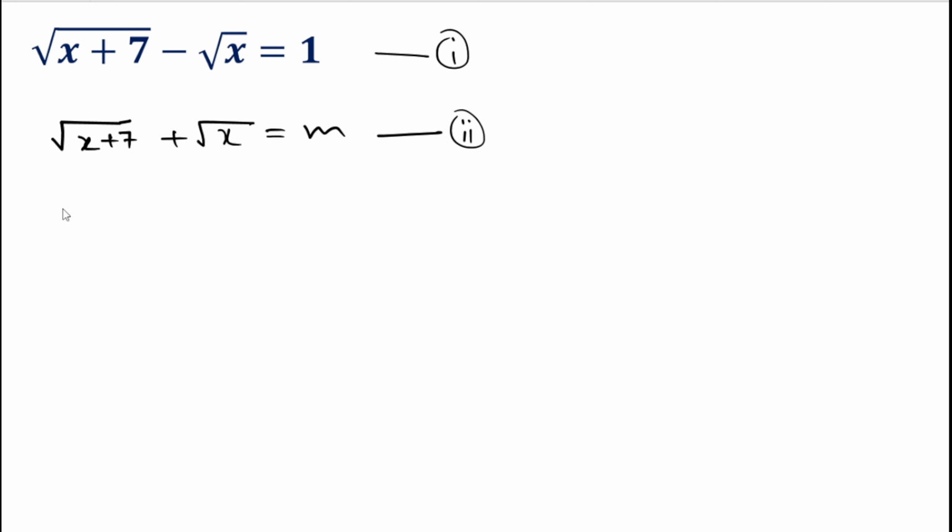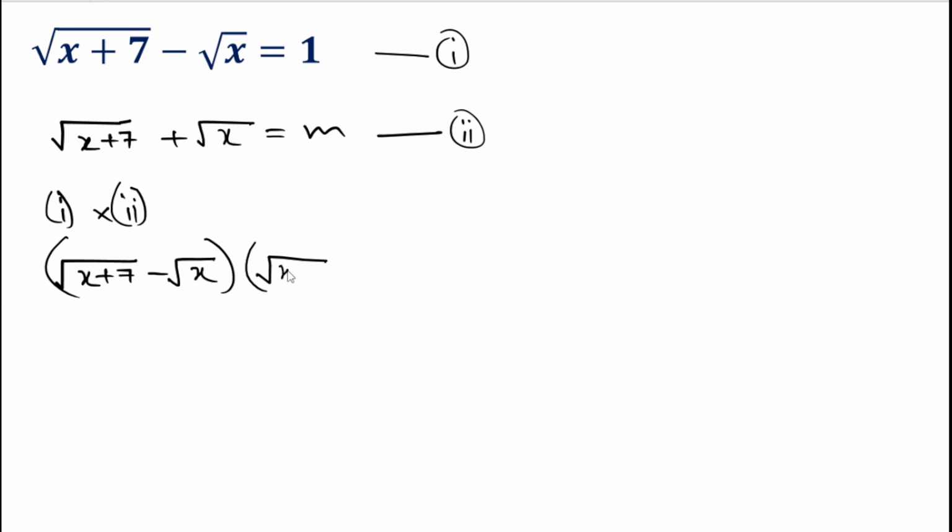So now do the multiplication with these two equations. So we can get square root of x plus 7 minus square root of x, times square root of x plus 7 plus square root of x, equals 1 times m.